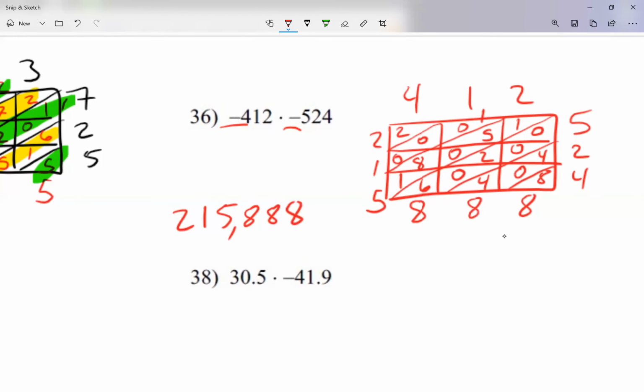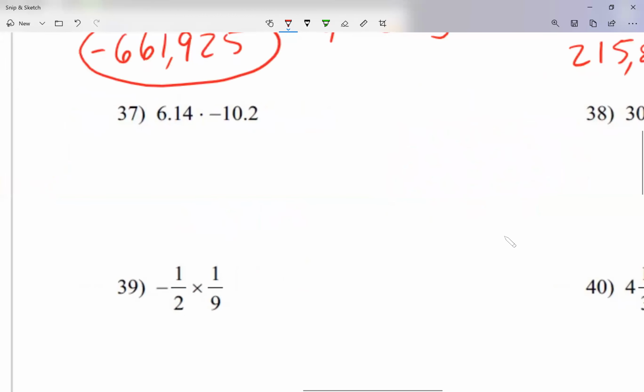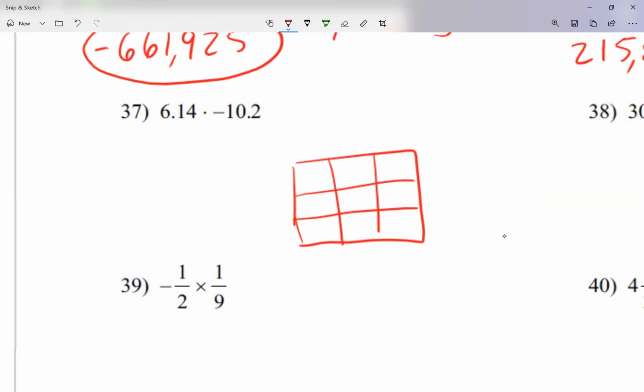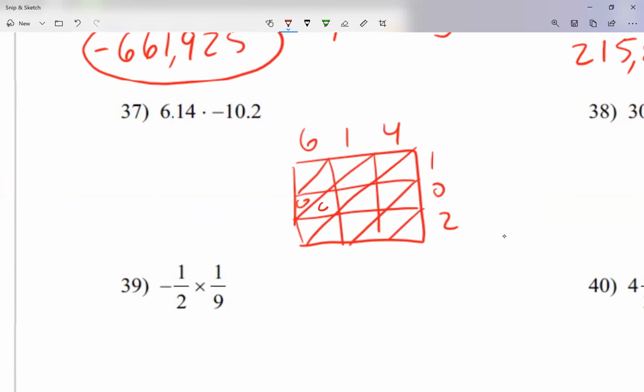Now let's take a look at number 37. Let me ignore the decimals to begin with. So I'm going to look at 3 by 3 box. I'm going to multiply 614 times 102. I'm going to put zeros here in the center because anything times 0 is 0. 6 times 0, 1 times 0, 4 times 0, anything times 0 is 0.